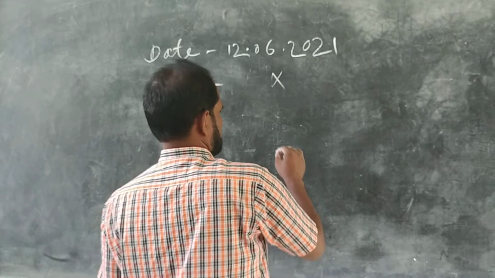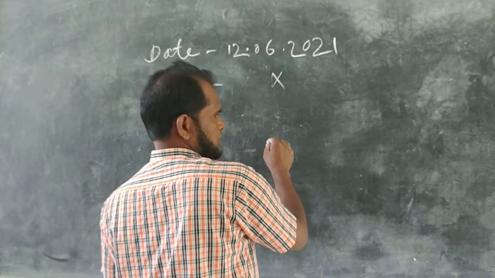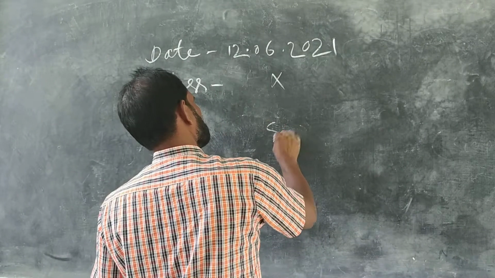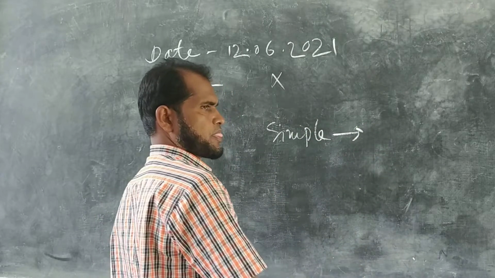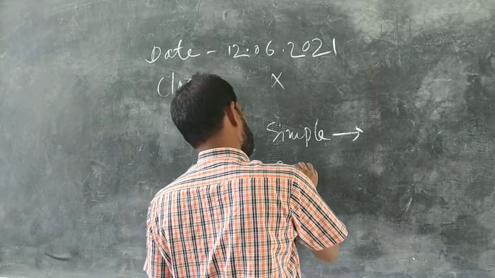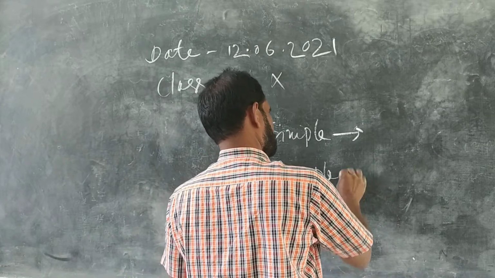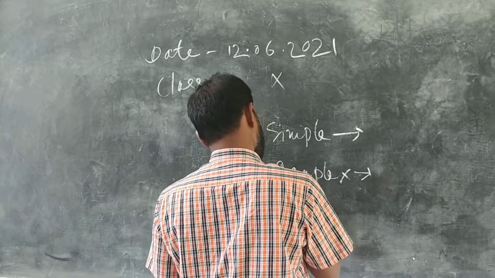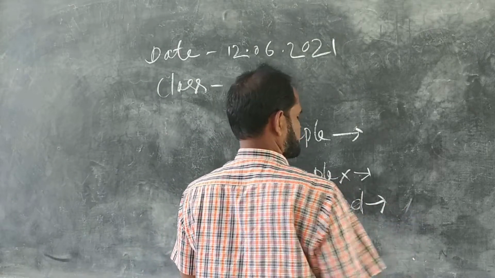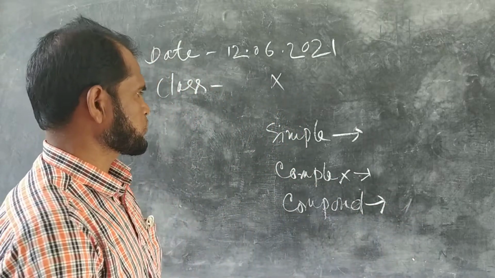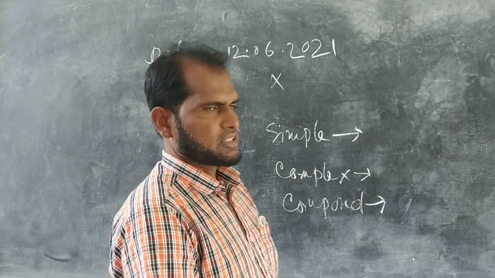That is, start writing: simple, complex, compound. You have been told what a simple sentence is.